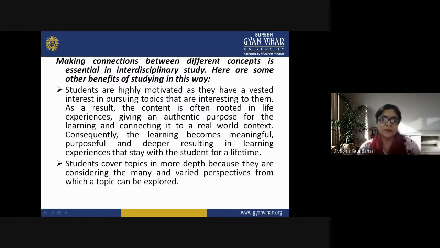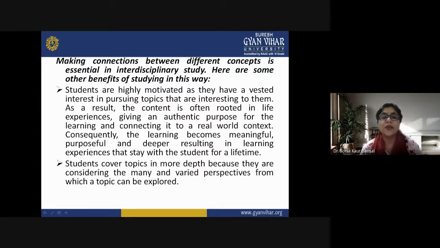Now, students, just understand that making connections between different concepts is essential in interdisciplinary study. This is actually the gist of the word interdisciplinary: you have to make the connections. You cannot stay within your own discipline's limit.